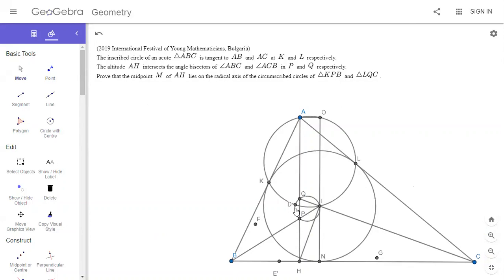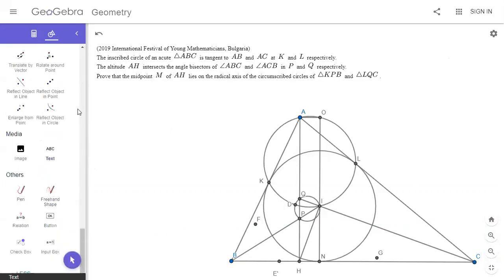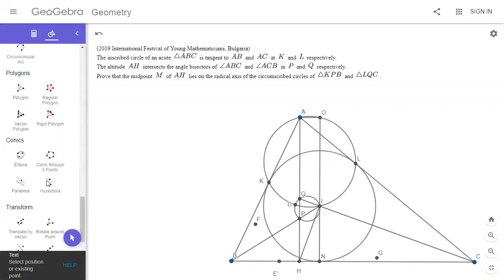And do we need point D? I don't even know if we need it, but I'm just going to leave it there for now. I guess we don't need the circle IPQD for now. Yeah, we don't need that circle.